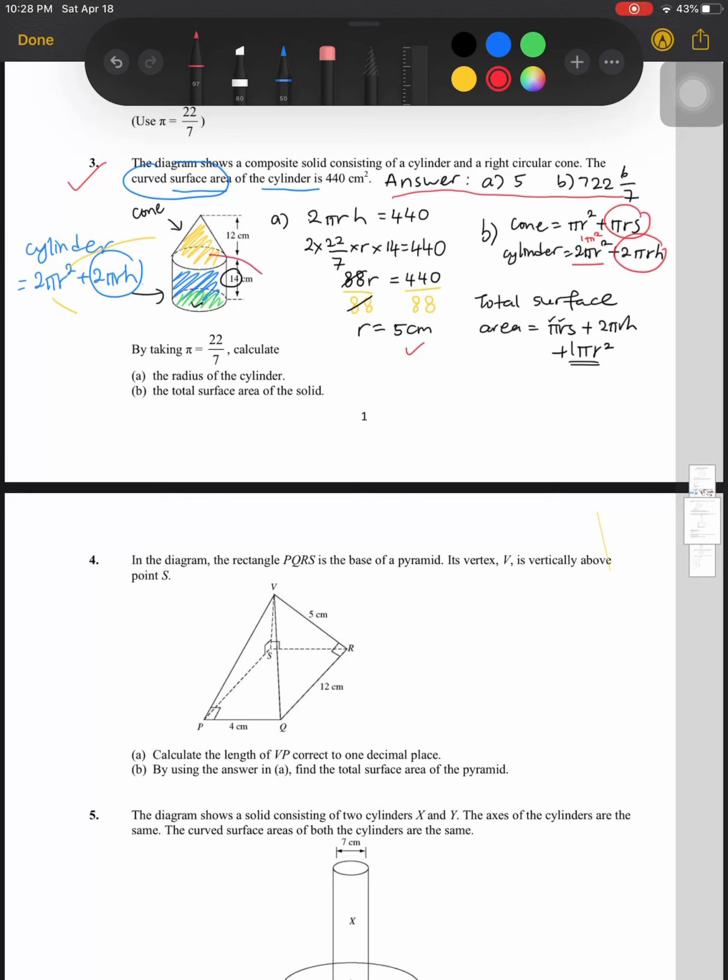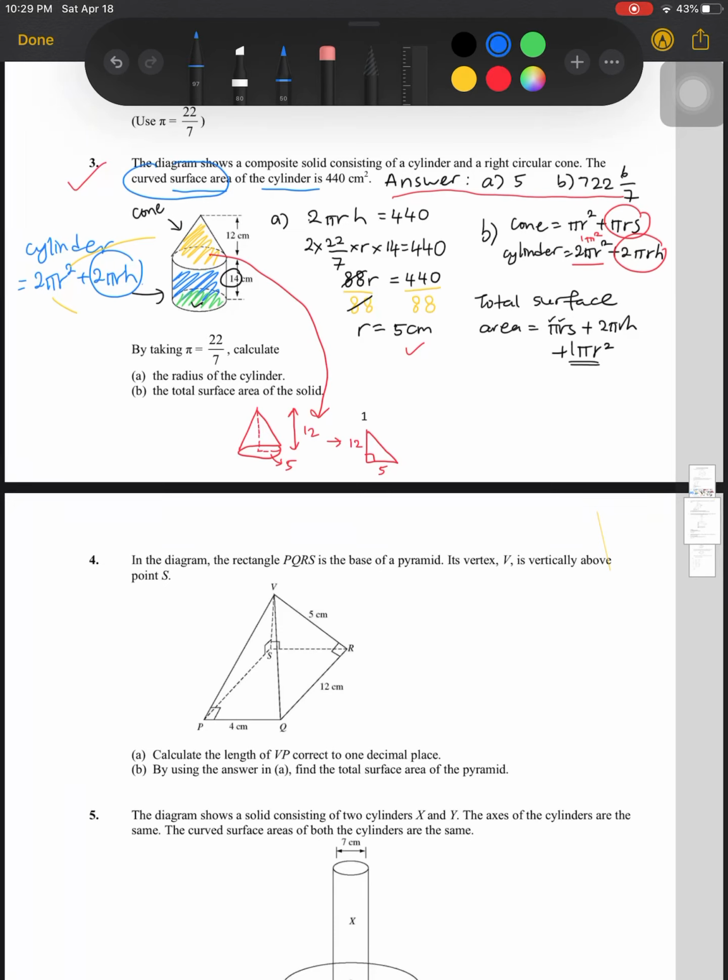I'm going to take my cone over here and redraw it. Here is the height of the cone, and here is the radius. The radius is equal to 5. If I take out the part of the cone, I get a right angle triangle. 12 is the height of the triangle and 5 is the base of the triangle.